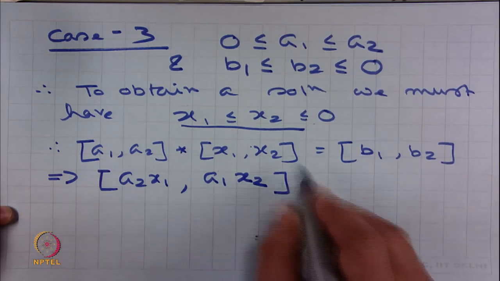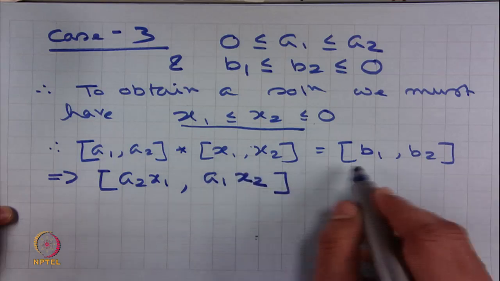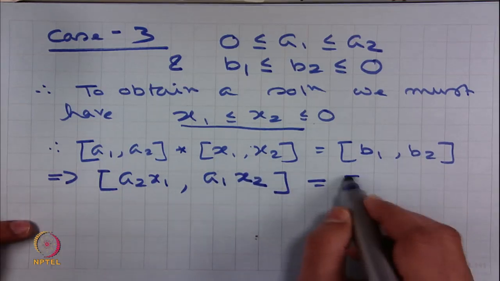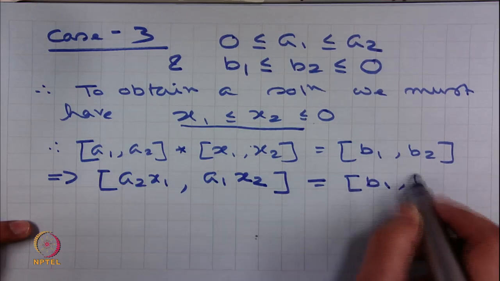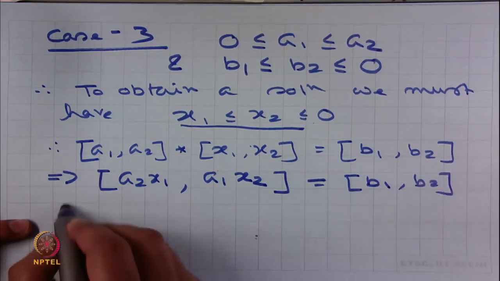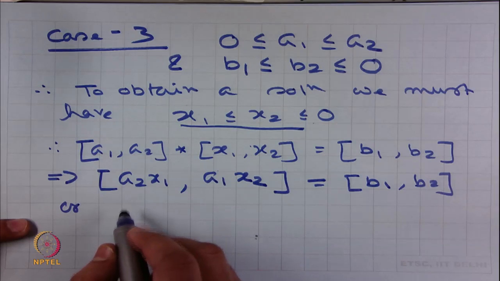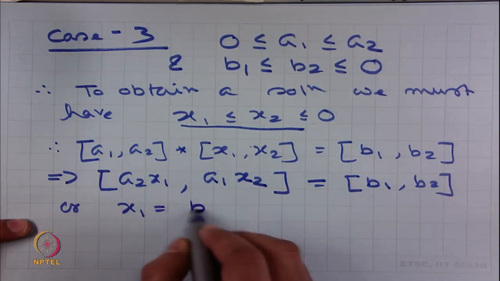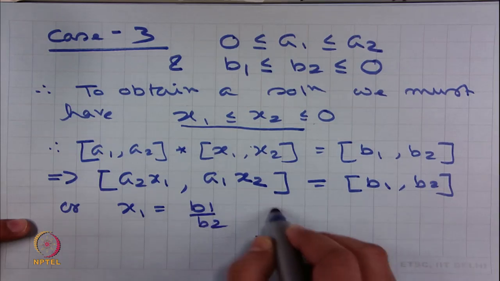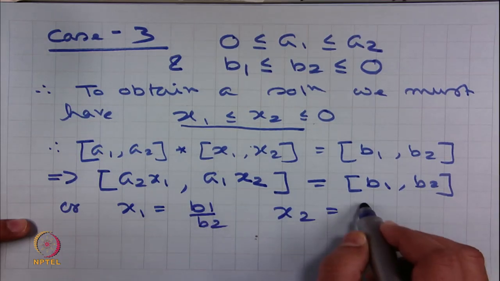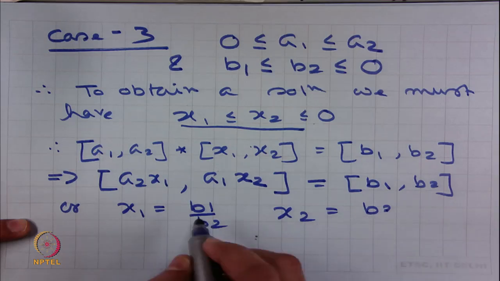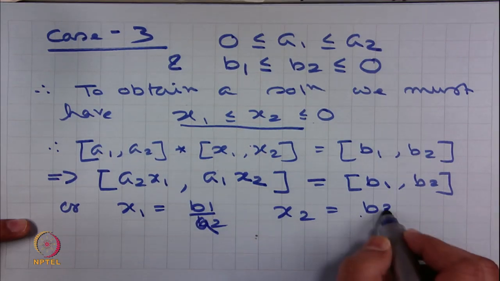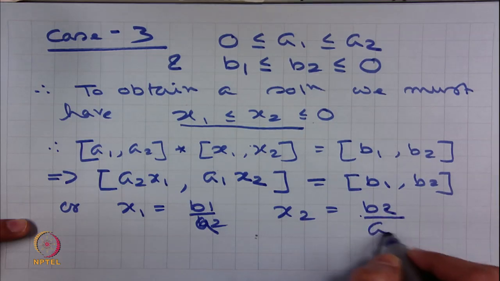Therefore, if the solution holds, then A2 x1, A1 x2 is equal to B1, B2, or x1 is equal to B1 upon A2 and x2 is equal to B2 upon A1.